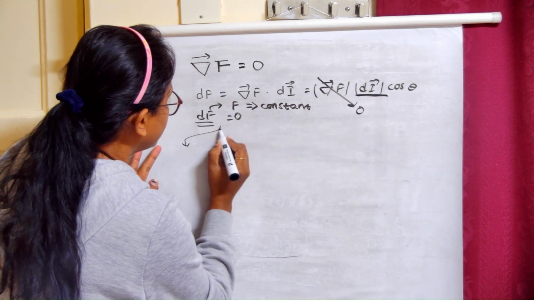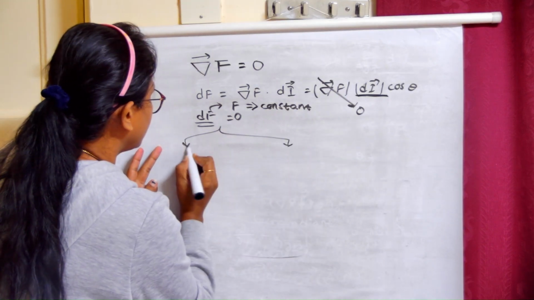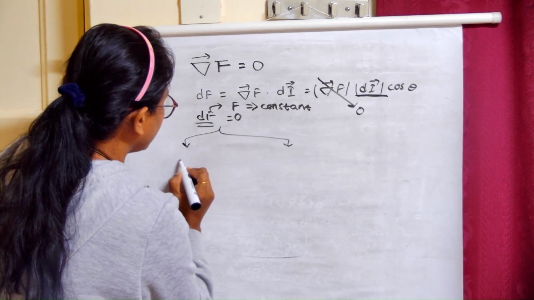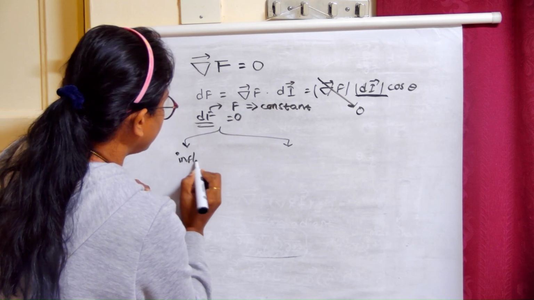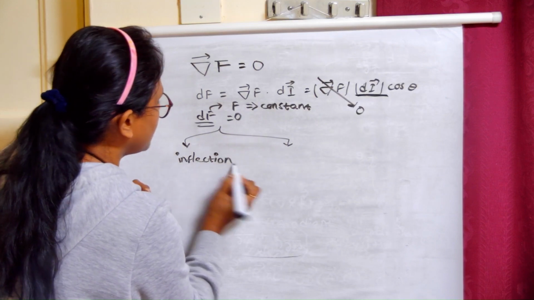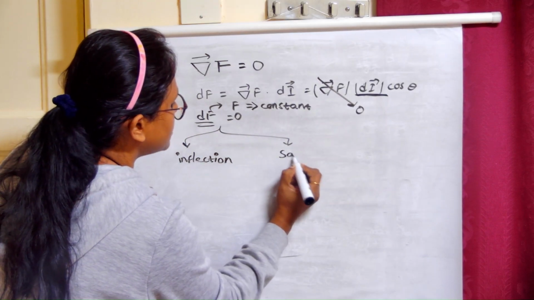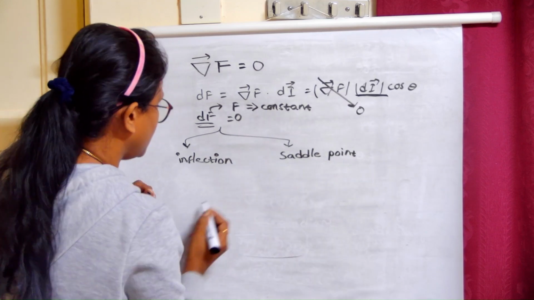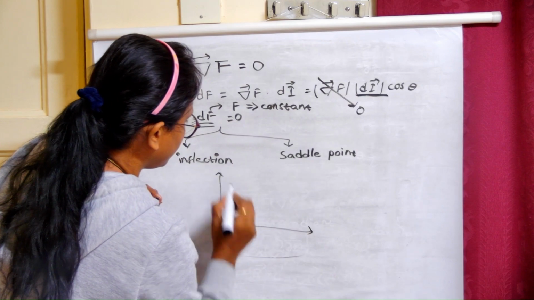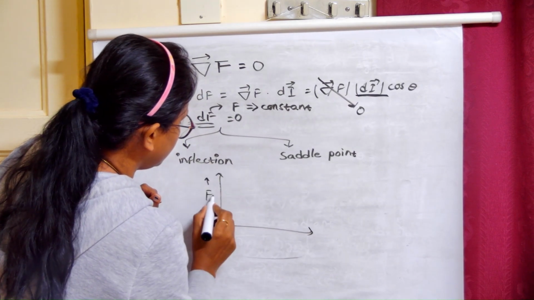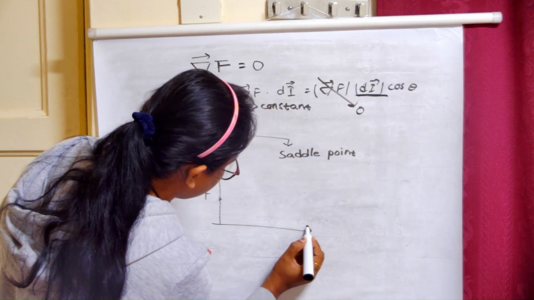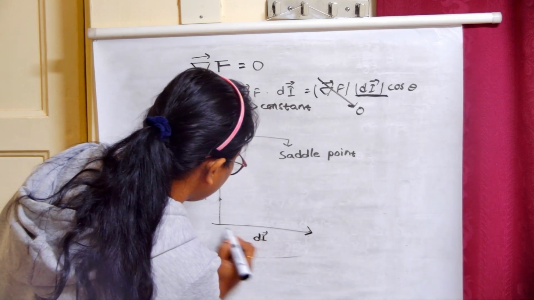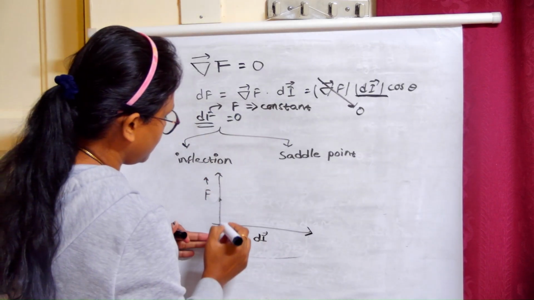Which means that at that point, the point can represent either a point of inflection or a saddle point or stationary point. Say for example, we have function f here, and here is the displacement vector dl bar.